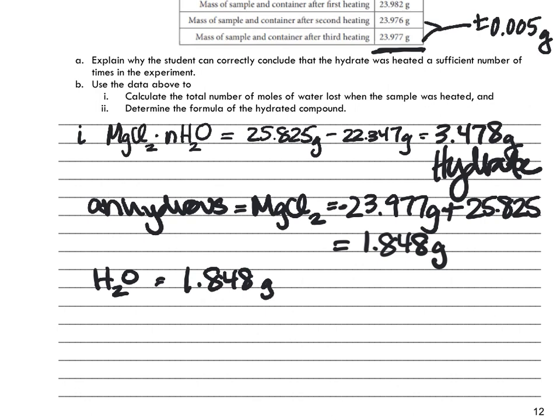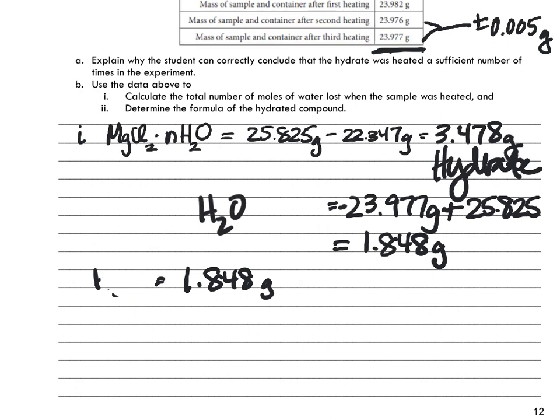Yeah, I found the amount of water lost up there. Okay, and so my apologies on that. What we would need to do, oh, that makes sense. It's 1.848 grams of water, and it's 3.478 minus 1.848 is the amount of magnesium chloride, right? Yep. Yeah, okay, that makes a lot more sense.